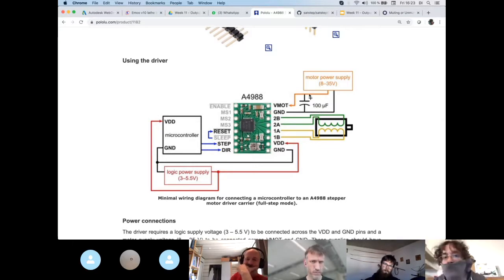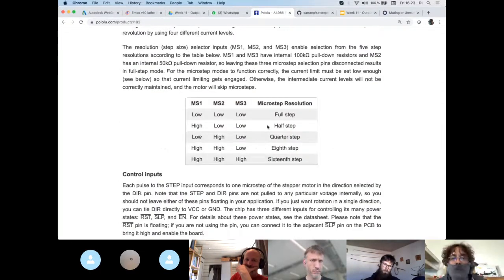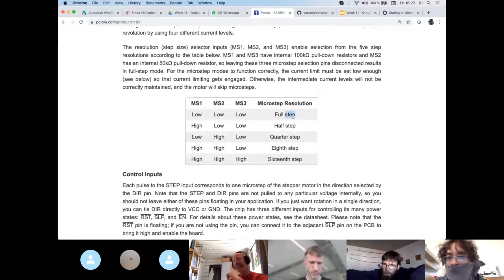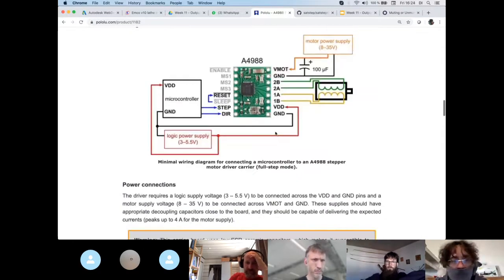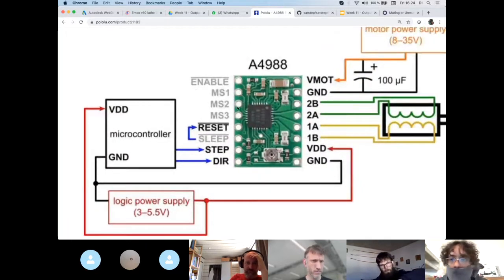This means in this driver, the capacitor is outside of the driver itself, on the board that is hosting it. Then, according to how you connect MS1, MS2, and MS3, you get full step, half step, quarter step, eighth step, 1/16 step, and so on. These three connections are these three here. If you connect them to ground or VCC, you change the configuration of the stepping mode.